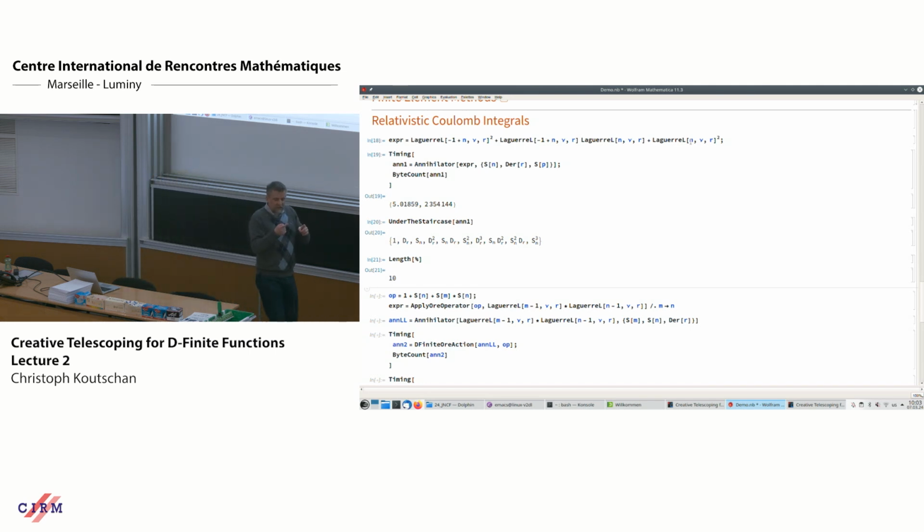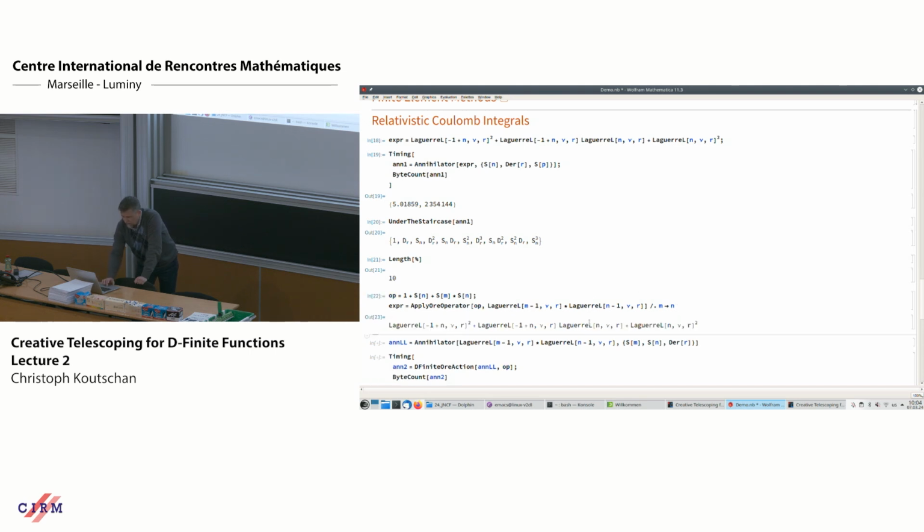So to deal with that, we first introduce a dummy variable. So I make a bivariate expression where in one instance I have m minus 1 and I have n minus 1. Then I apply this operator, 1 plus sn plus sm times sn. And after that I replace m by n. And as you see, you get exactly the same as above.